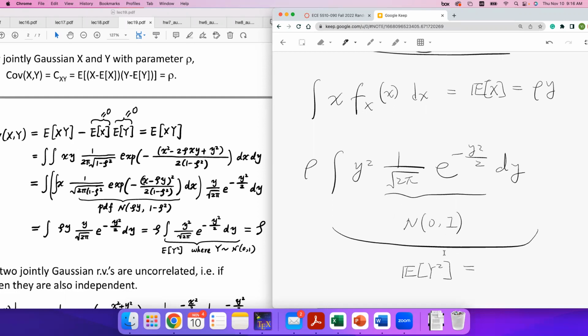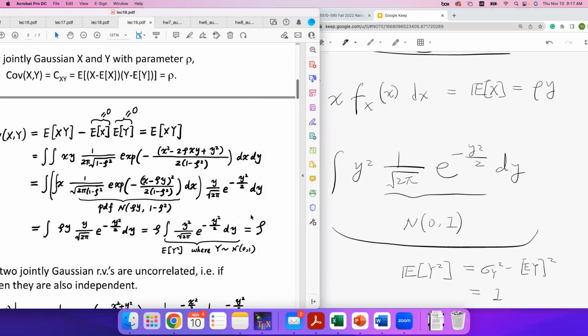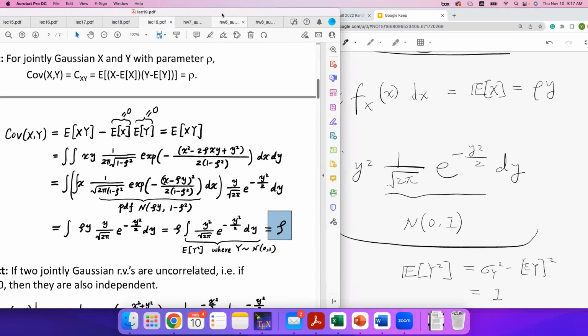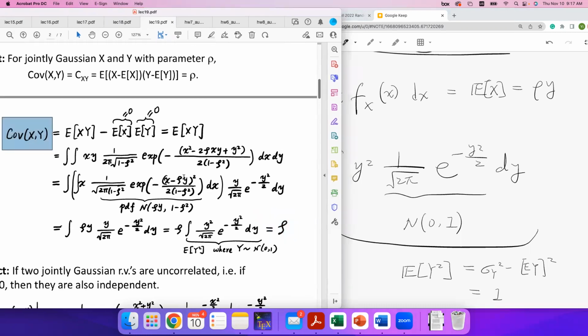In this case, with zero mean, it's sigma y squared minus the square of E[y], by the characterization of the variance. The variance is 1 and the mean is 0, so this is 1. So the entire thing is 1. In the end, you get rho, which shows that the covariance is indeed rho.